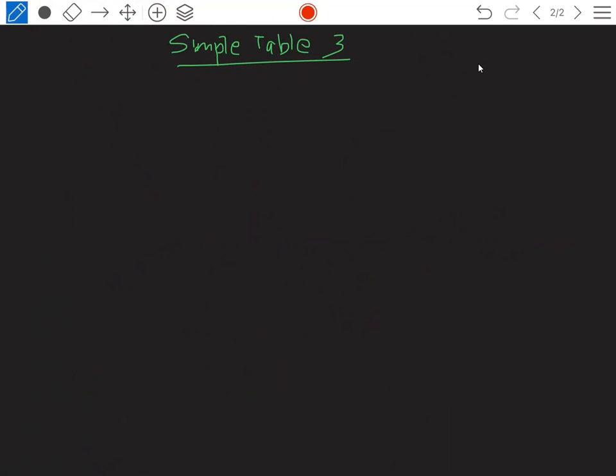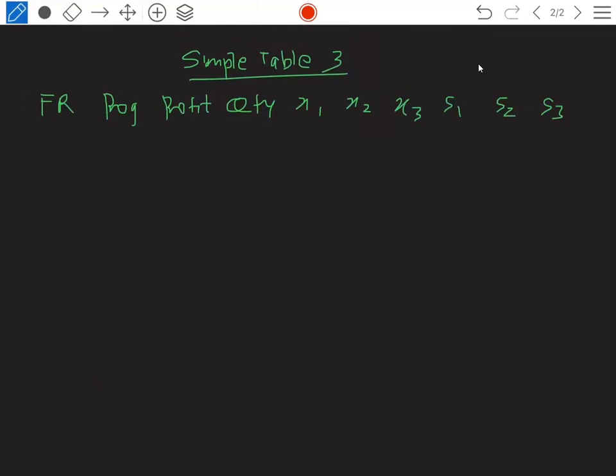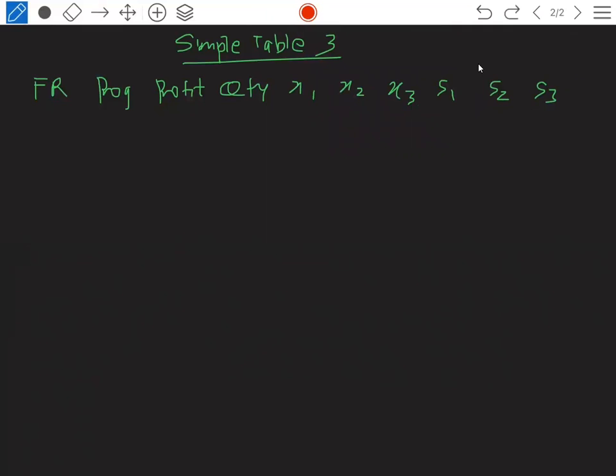Again, the columns are going to remain the same: fixed ratio, program, profit, quantity, x1, x2, x3, s1, s2, s3. And then obviously we have the replacement ratio. So third simplex table, I'll just write it down.